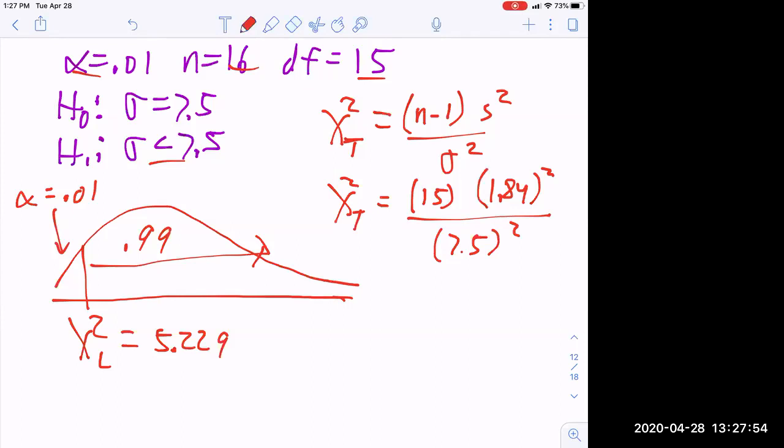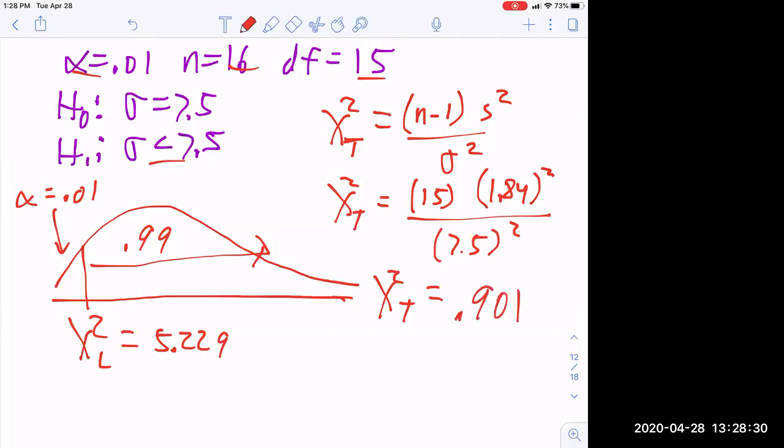One of these times, I'll do one of these without making a mistake. Now do your calculator. I got 0.901.